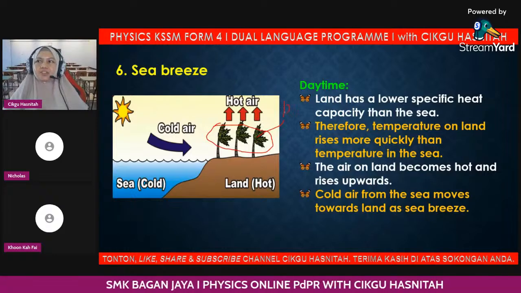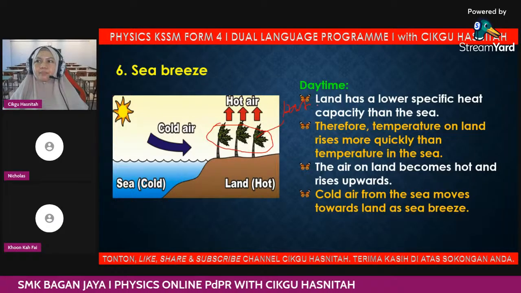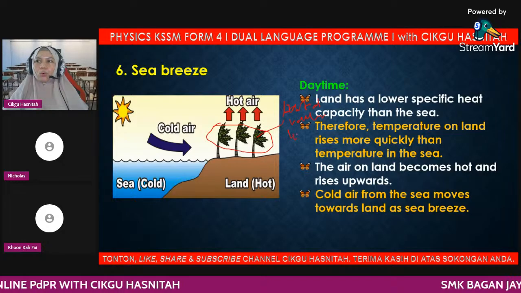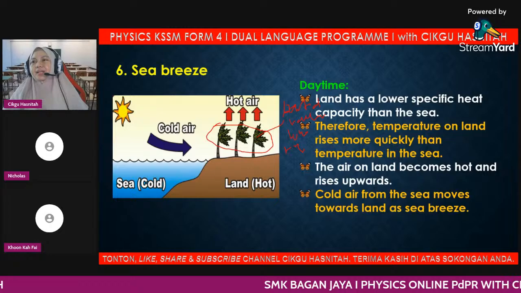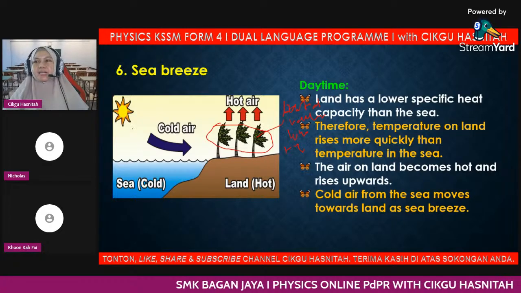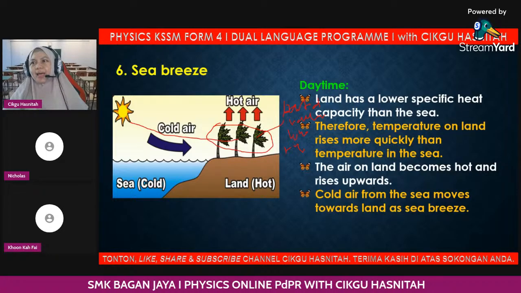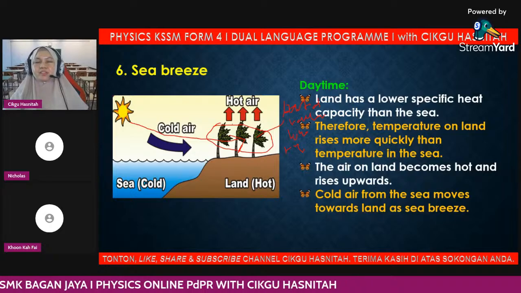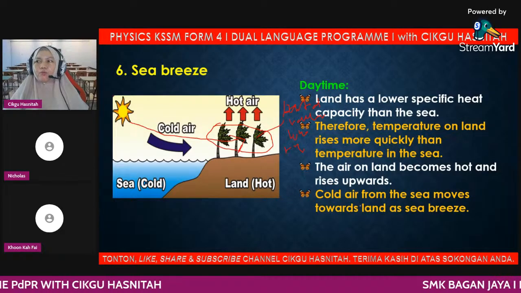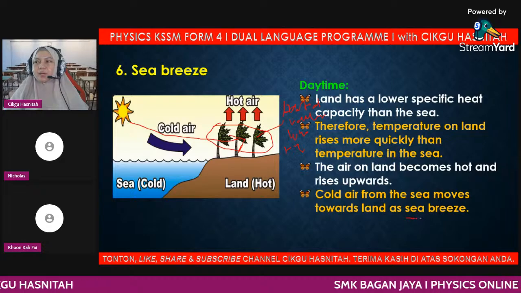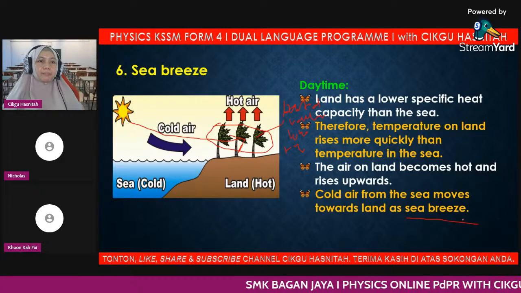Partial vacuum, or we say low pressure region. So what happens? The cold air above the sea, which is denser, will move to the land and fill up these empty spaces. Itu yang akan berlaku. So cold air from the sea moves towards the land, which we call a sea breeze.